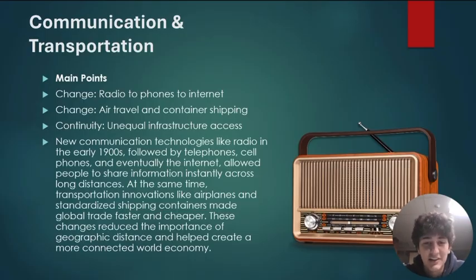New communication technologies like radio in the early 1900s, followed by telephones, cell phones, and eventually the internet, allowed people to share information instantly across long distances. At the same time, transportation innovations like airplanes and standardized shipping containers made global trade faster and cheaper. These changes reduced the importance of geographic distance and helped create a more connected world economy.